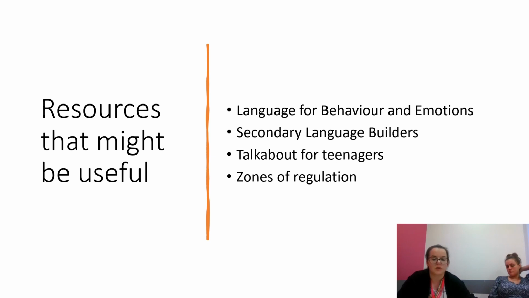So it's again a visual resource that uses colours to depict different zones of emotions in a young person. So it might be calm, agitated, angry, things like that. And again, it just gives them that visual representation for how they're feeling. And again, we can send around some kind of cutouts and handouts from that book to give you an idea of the kind of things it covers.